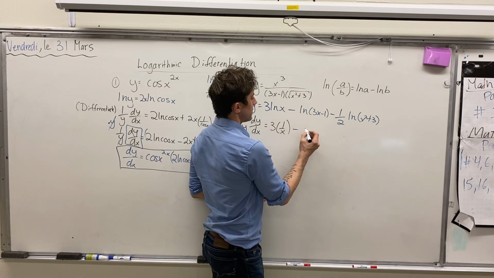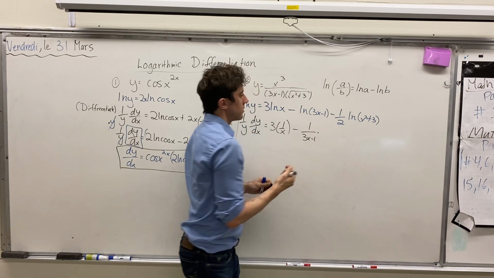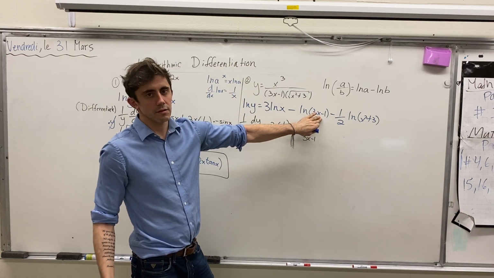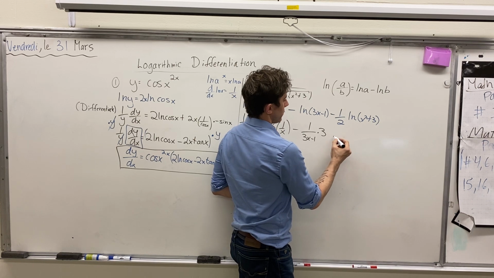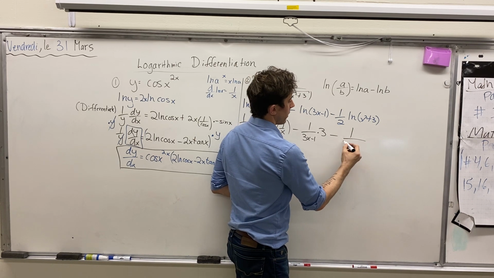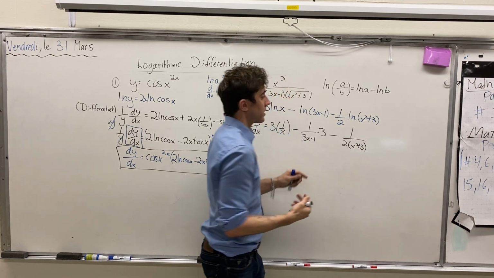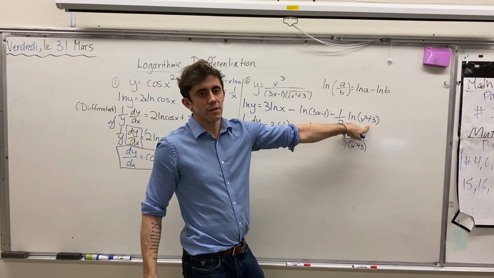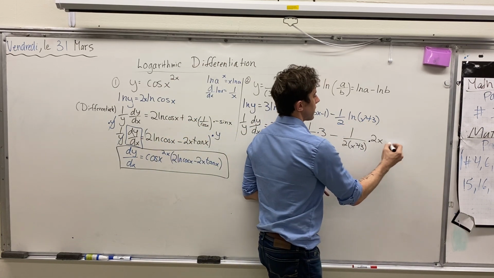Next, we'll have minus 1 over 3x minus 1 times the derivative of 3x minus 1, which is just 3. And then finally, we'll have 1 over, the 2 can combine with the x squared plus 3, but we can't forget to multiply by the derivative of x squared plus 3 by the chain rule, and so we'll multiply by 2x.